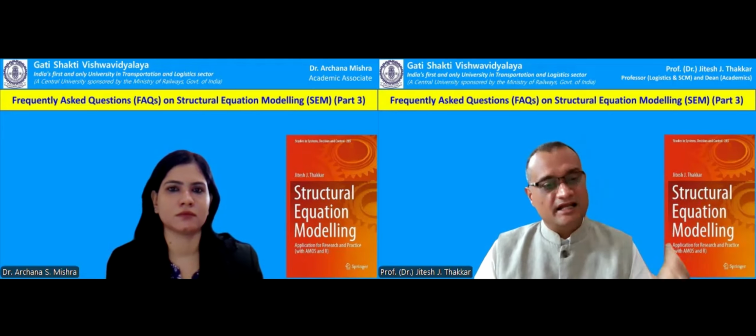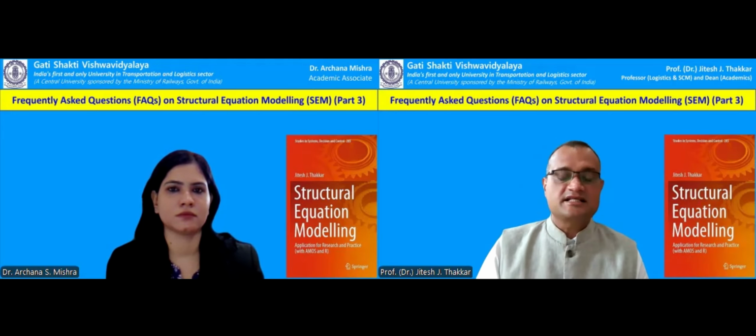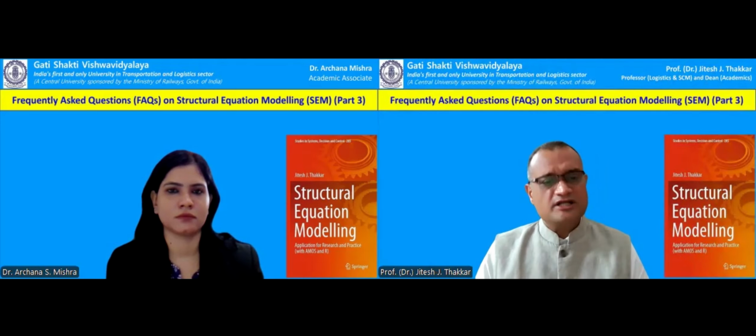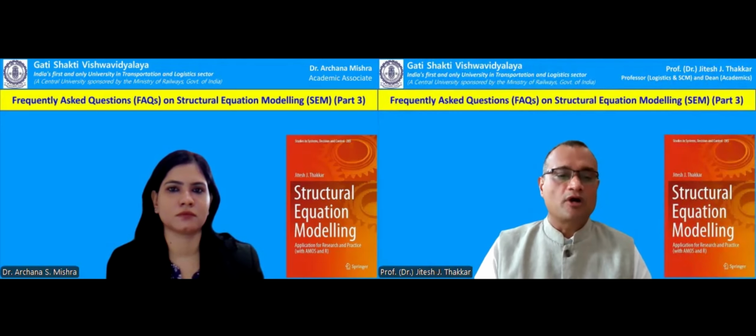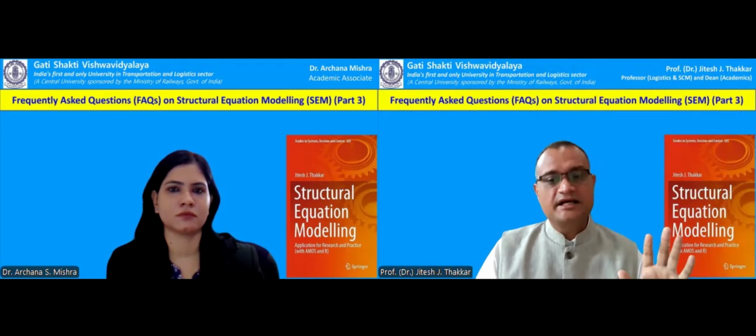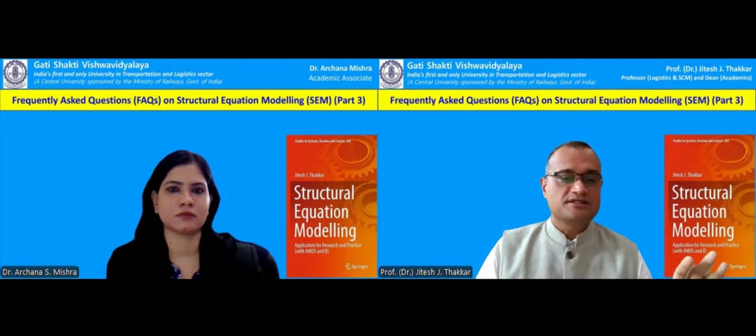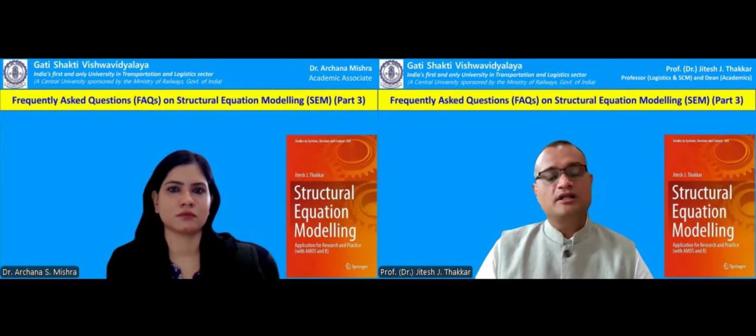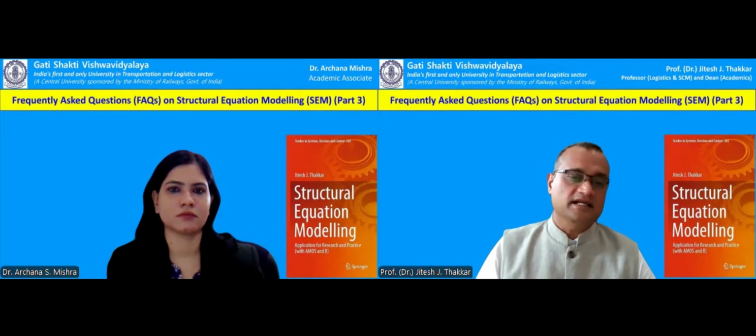So food, how many calories I have taken, exercise, how many calories I have burned. So that is always a way to quantify and measure. So you can measure it in terms of appropriate units, and hence they are called manifest variables. In structural equation model, manifest variables are examined through path analysis.